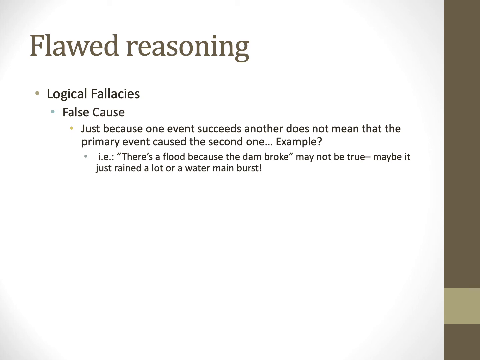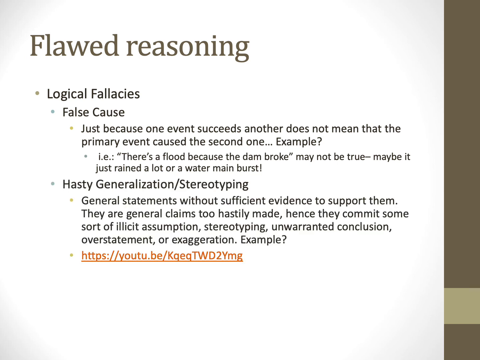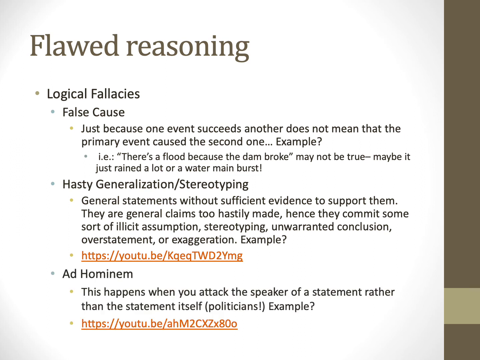And so we can show that things correlate with each other, that they're related, but that we can't necessarily make the strong claim that A causes B. Hasty generalization or stereotyping is kind of built on making a claim that, say, the behaviors or the characteristics of a group is the cause of a problem, and that's built on bias or stereotyping rather than on data.